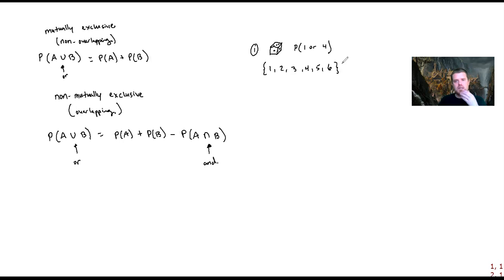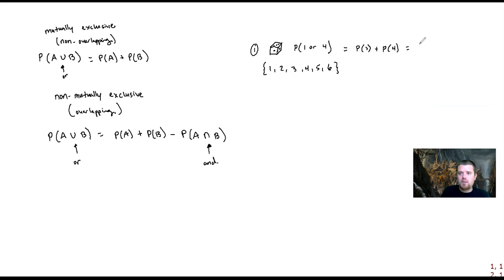So the question first is, are these overlapping? Is it possible to roll a 1 and a 4 at the exact same time? The answer, of course, is no. Therefore, all we have to do is add the probability of rolling a 1 plus the probability of rolling a 4, because these are mutually exclusive events.